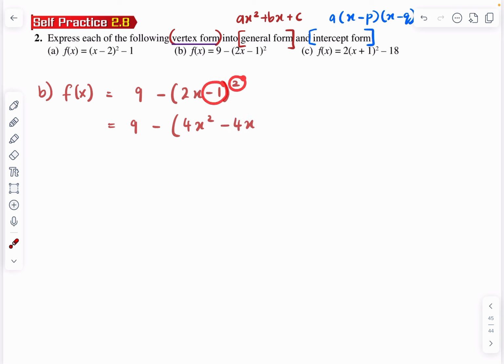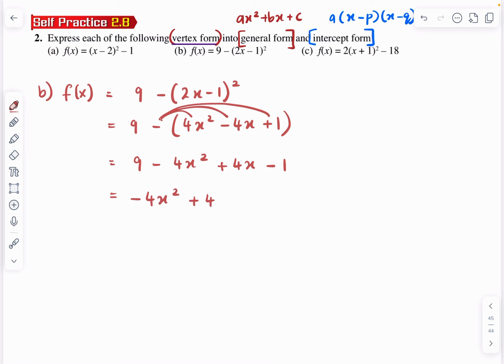Negative 1 squared is positive 1. So 9 − (4x² − 4x + 1). Okay, I just multiply the negative inside. Then I rearrange this. So −4x² + 4x, then 9 − 1 will be 8.